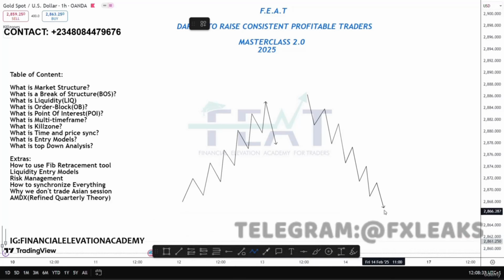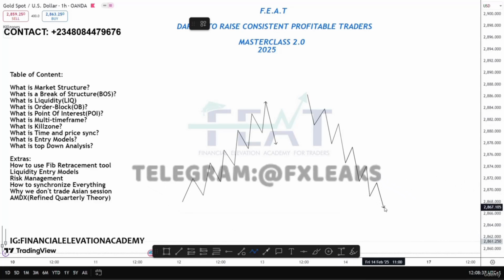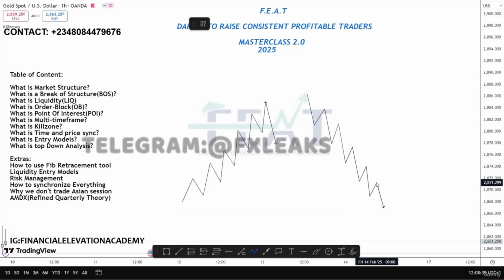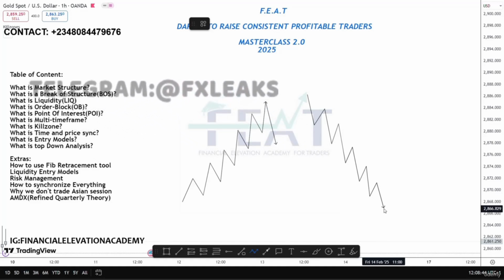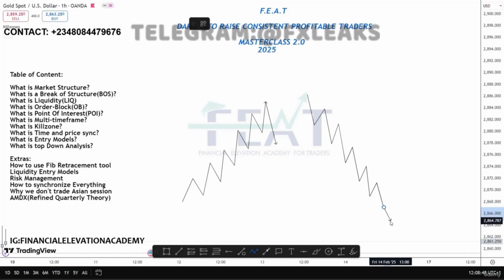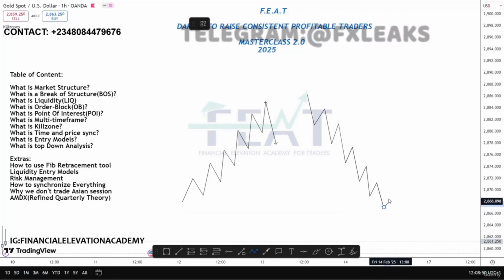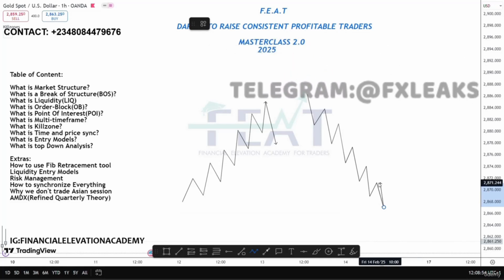Okay, now for a bearish market structure, you can notice here the previous high or the lower high created a lower low. So by default standard, we are supposed to respect it and go on creating a new low. But a bullish break of structure will mean that it will not respect this level.